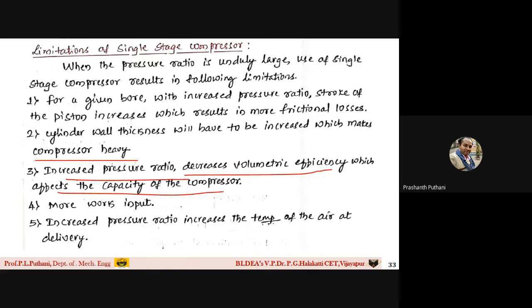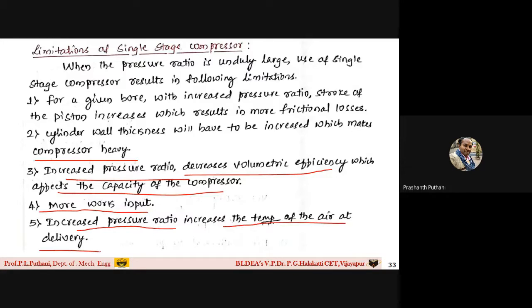And as this happens, for compressing, whatever the work input is, you need to do more, which means it increases the work input for increased pressure ratio, as well as affecting the capacity of the compressor. At the same time, if there is an increased pressure ratio, there is an increase in the temperature of the air at the delivery also.